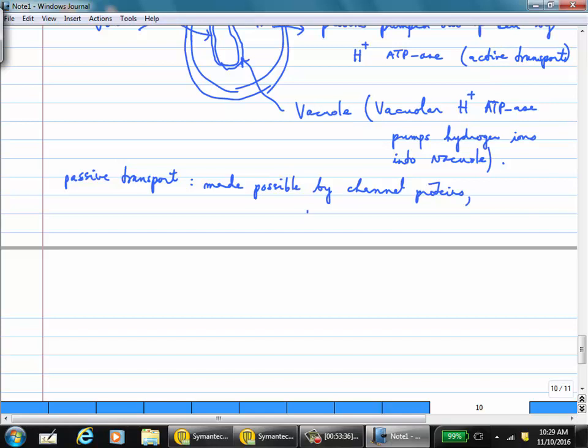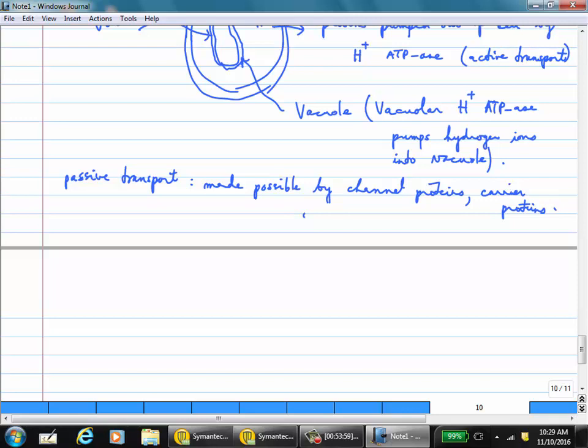Or you could even have what are called carrier proteins, all right? These might be things on the membrane, right? Some molecule is flowing through, right?